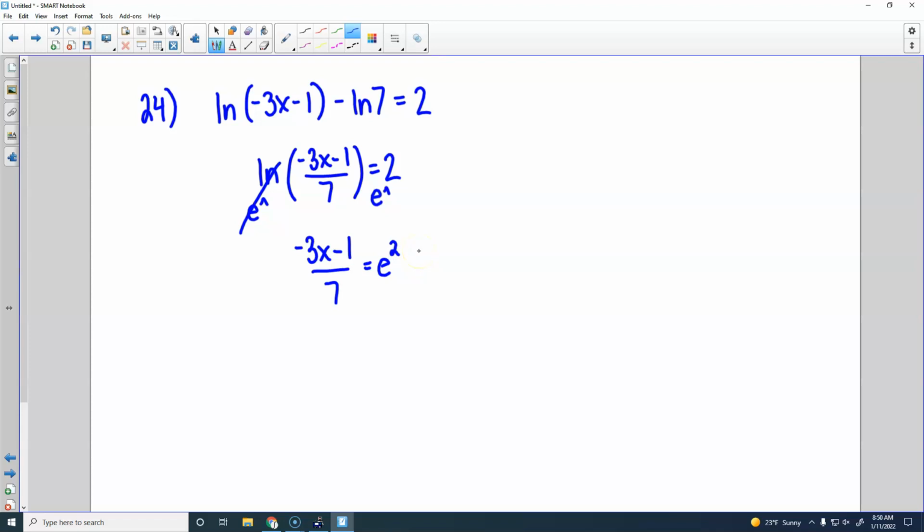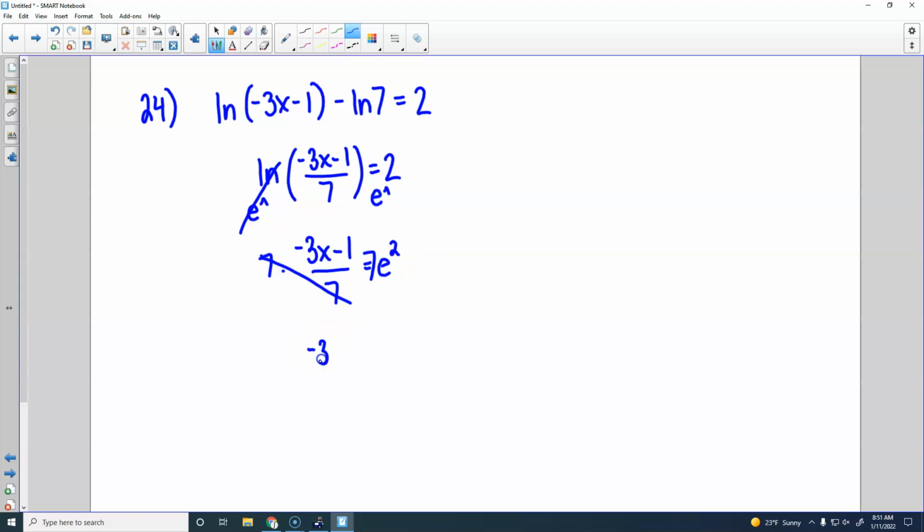And Bronwyn, do you prefer to go ahead and change that to a decimal or leave it like it is? Leave it like it is? Okay. All right, so we would multiply both sides by 7 to get rid of that denominator. So whatever you have in the denominator, sometimes it's an x, sometimes it's a number, but you got to get it out because you can't solve with that denominator. So we'll do that.